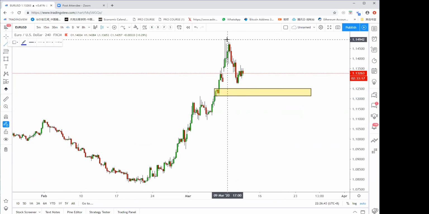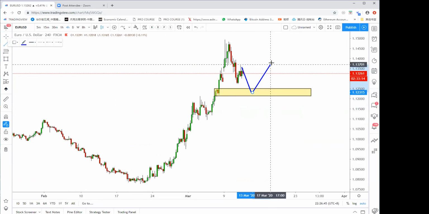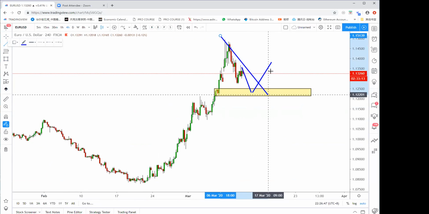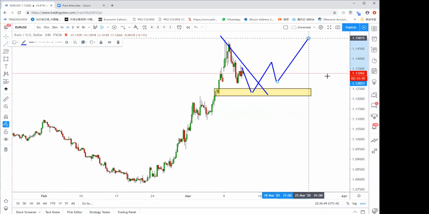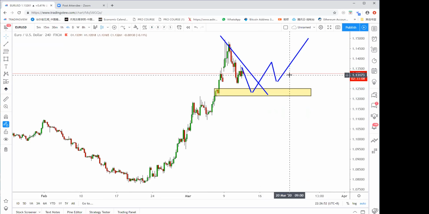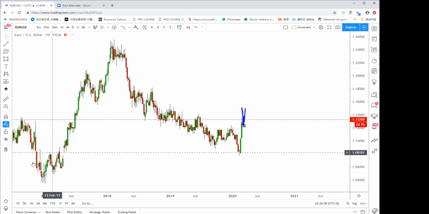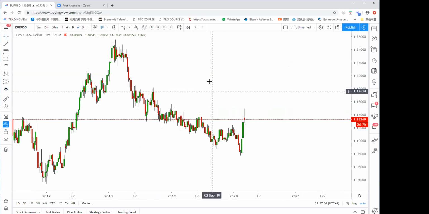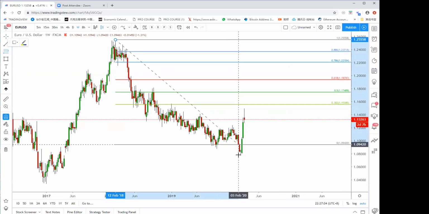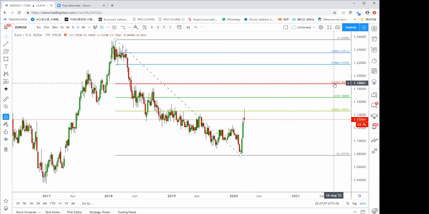So I'm going to wait for the price to come here, and then we go back to break the trend line, and there may be another opportunity to buy again. So this is our target for the euro. You can aim for 1.15, or the euro may go all the way back to the 618%, which is 1.1876.